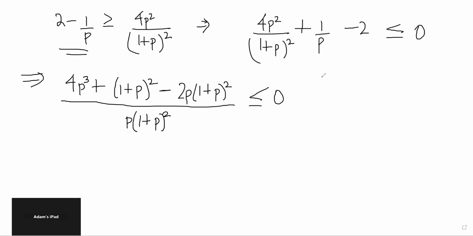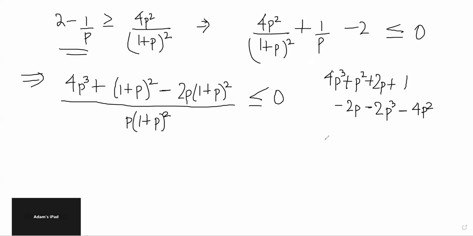So then we will simplify it further. 4p cube minus p square minus 2p plus p square plus 2p plus 1, and then minus 2p cube and minus 4p square, right?